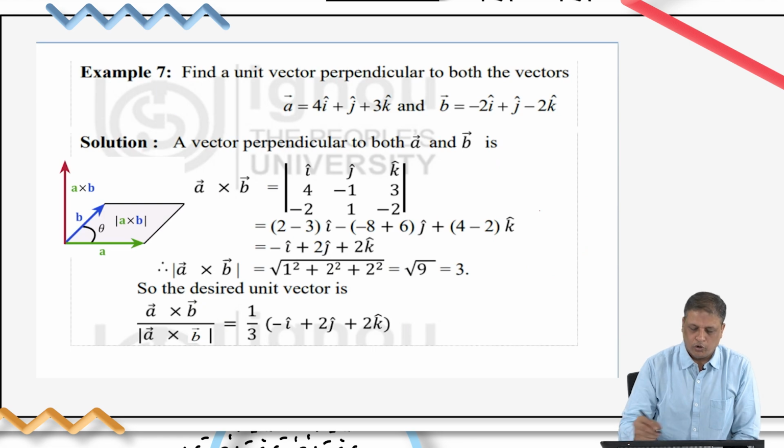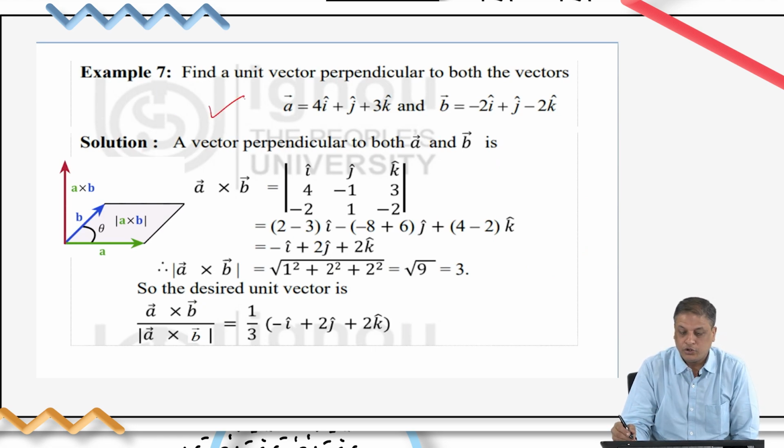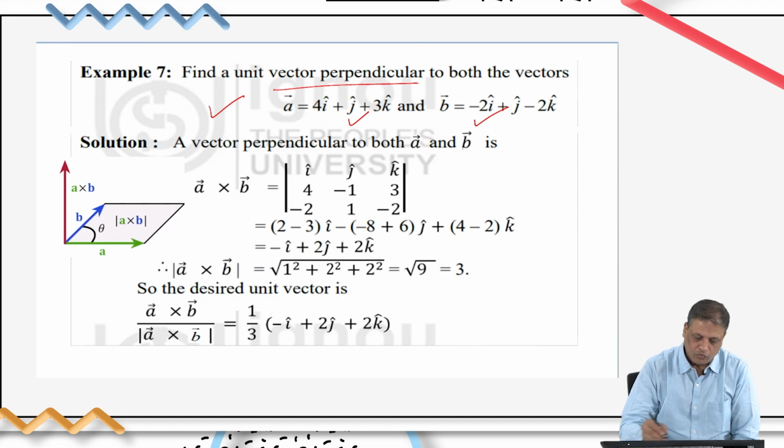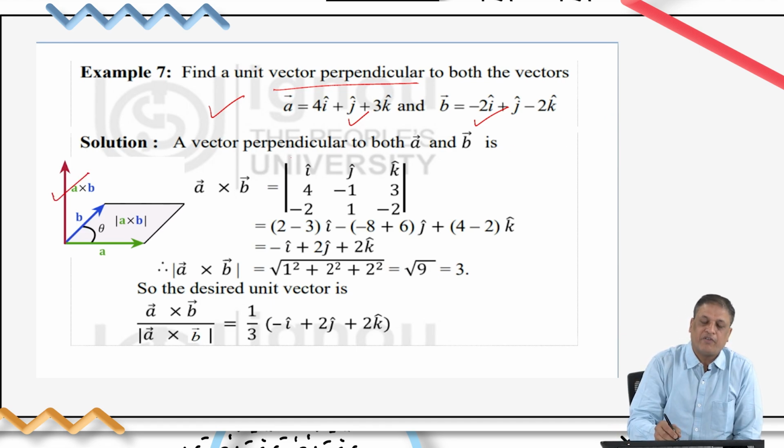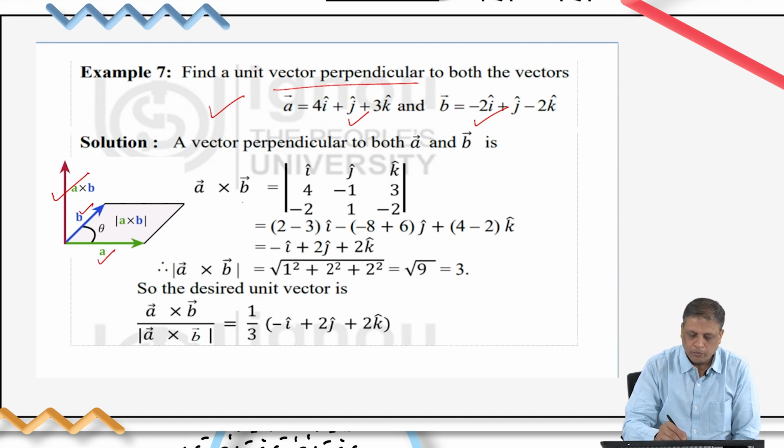Now, let us solve one more numerical. Find the unit vector perpendicular to both vectors A and B. Again we are supposed to find A cross B, because A cross B is the vector which is perpendicular to both vectors A and B. On the same lines you can determine it by substituting the values: A1, A2, A3 are 4, minus 1 and 3, B1, B2, B3 are minus 2, 1 and minus 2.